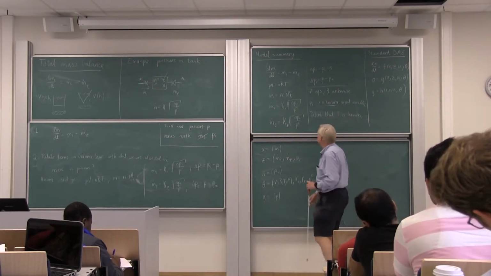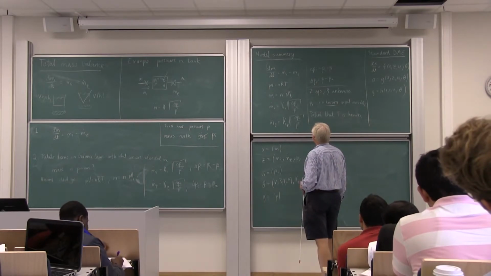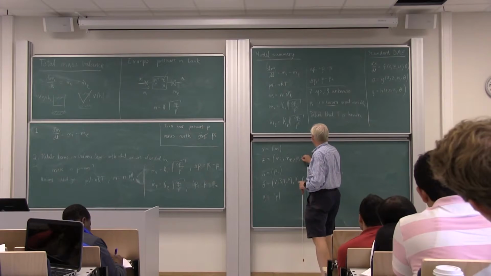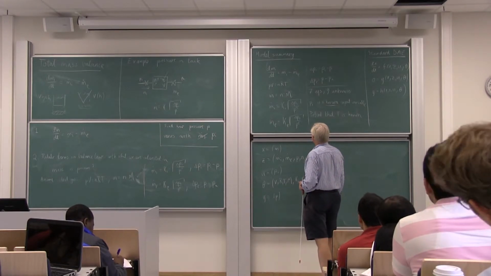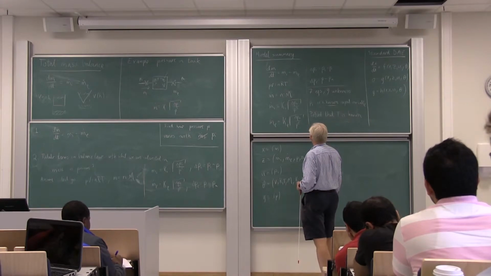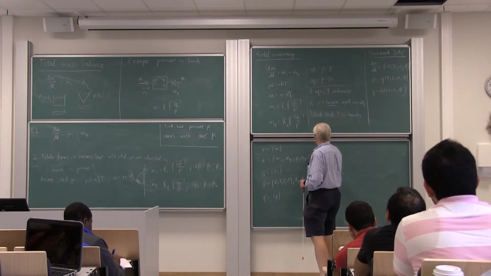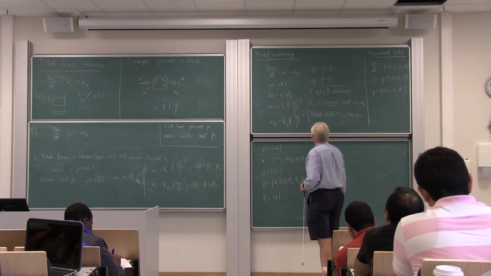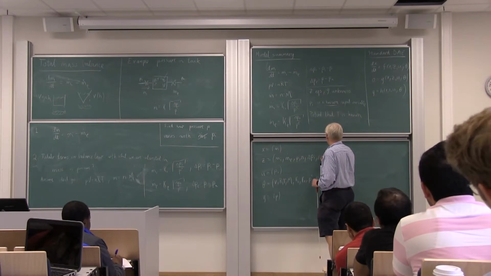So, okay, what else? P, N. R and T are constants. Okay. Delta Pi. Delta PE.